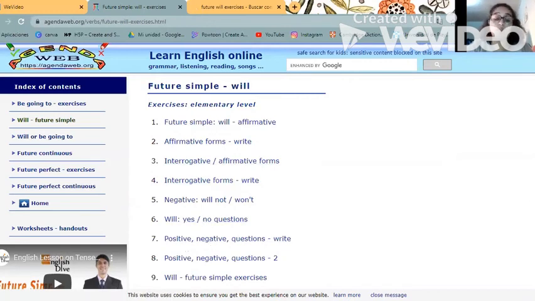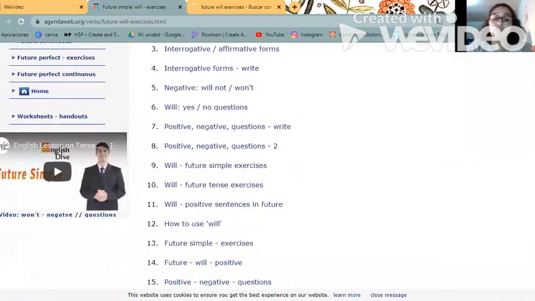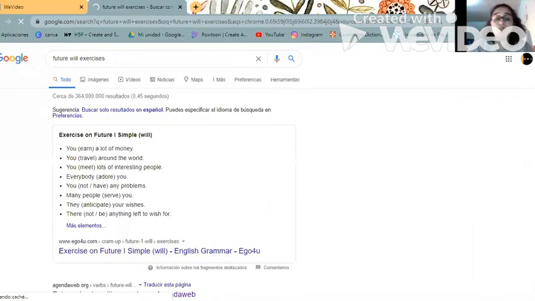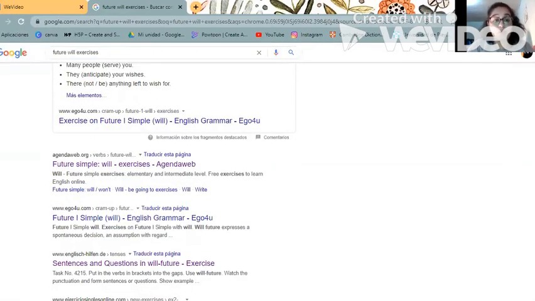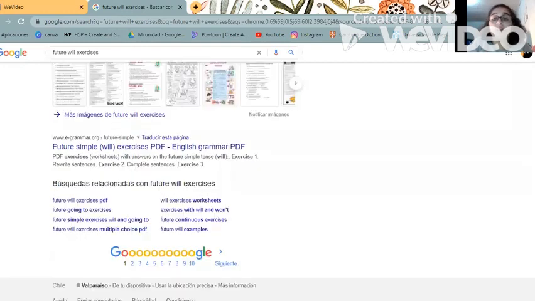And then we have different kinds of activities and exercises you can use to practice future will. And here in Google, we have also different pages where you can go to practice. Will versus going to, simple future exercise, future will exercises, and then you have different kinds of exercises if you want to practice.